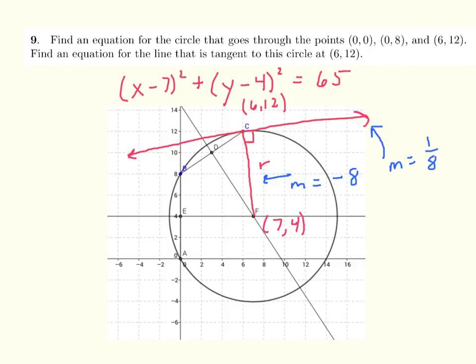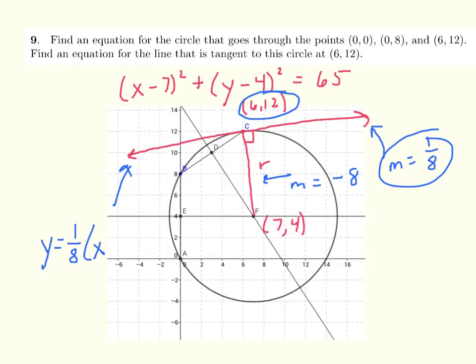And we have a point, and we have a slope. So let's just do this quickly. What would be our equation of this line? y equals 1/8 x plus, or yeah, x minus 6 plus 12. Done. So once you draw a picture, it makes it a lot easier.